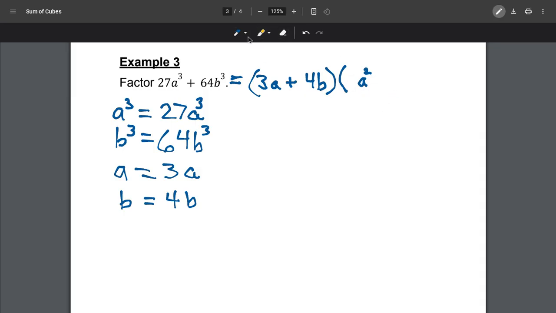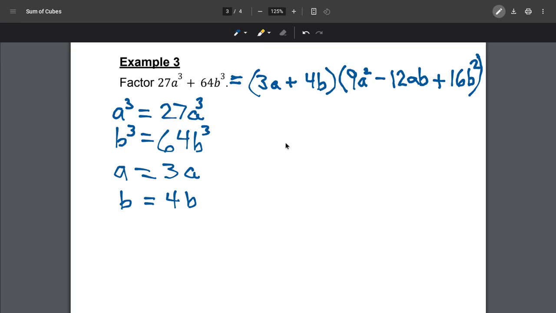Minus a times b, so it's going to be 12ab. And then plus b squared, so plus 16b squared. There we go.